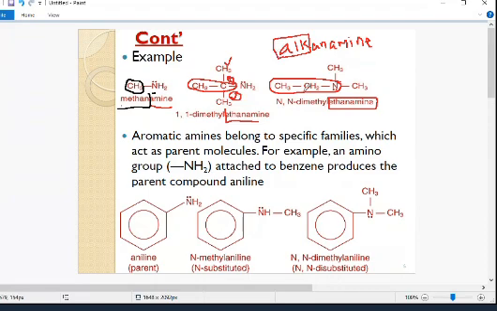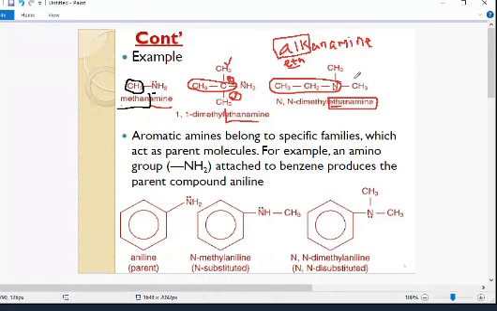Depending on the number of carbons, we substitute. So for our case here, we're going to have ethanamine, from the word alkanamine, substituting the number of carbons, which is 2.